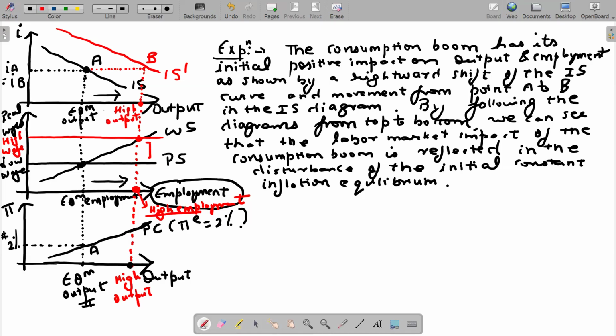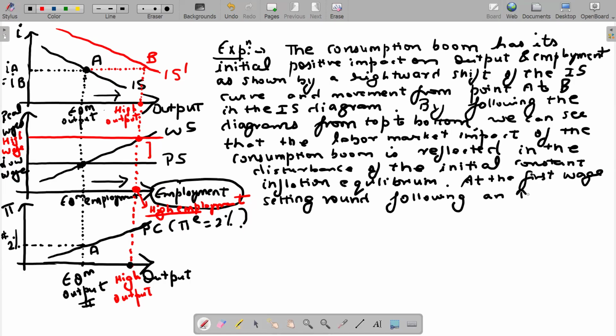So I can continue forward with the explanation that at the first wage setting round, following an increase in employment, or students can also write a fall in unemployment, both are the same.